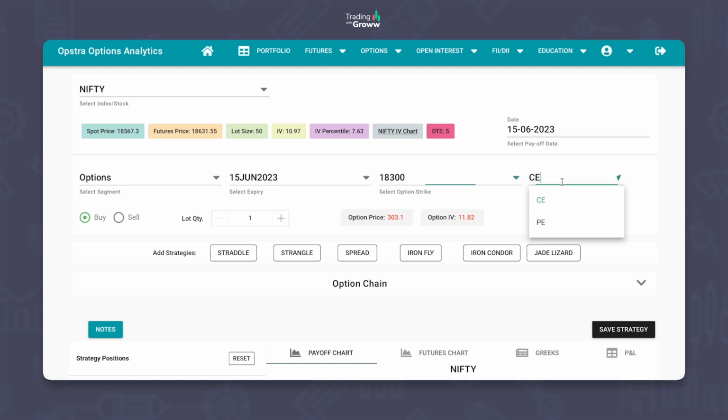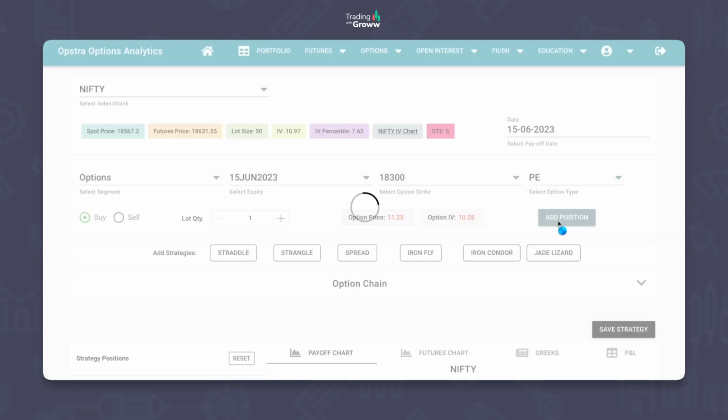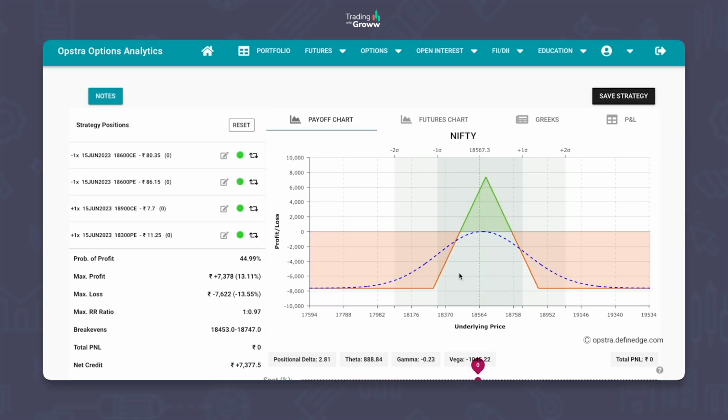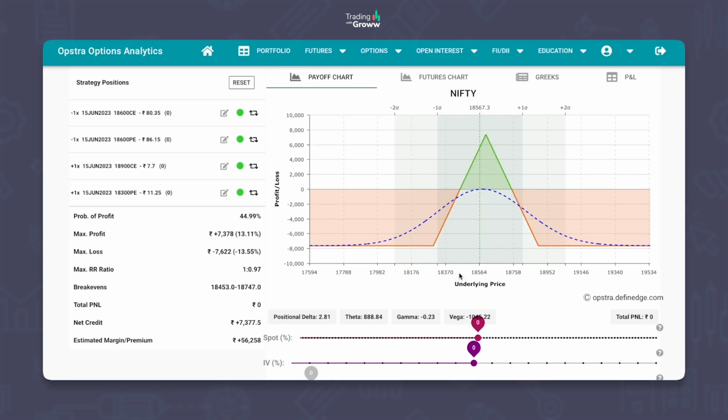Basically we are buying 300 points away OTM options to hedge this position. So I'm initiating the same short straddle, at the money call option and at the money put option, but I'm also buying the 300 points away call option and put option, so that my downside is protected.